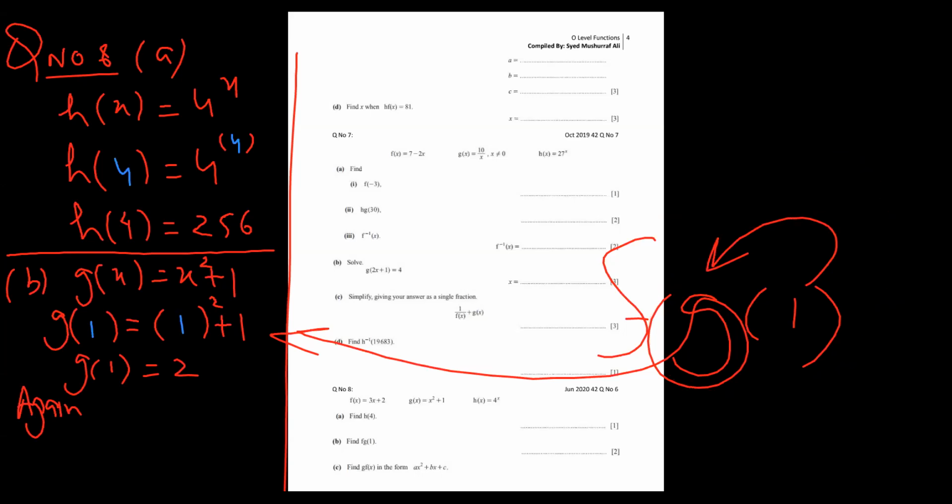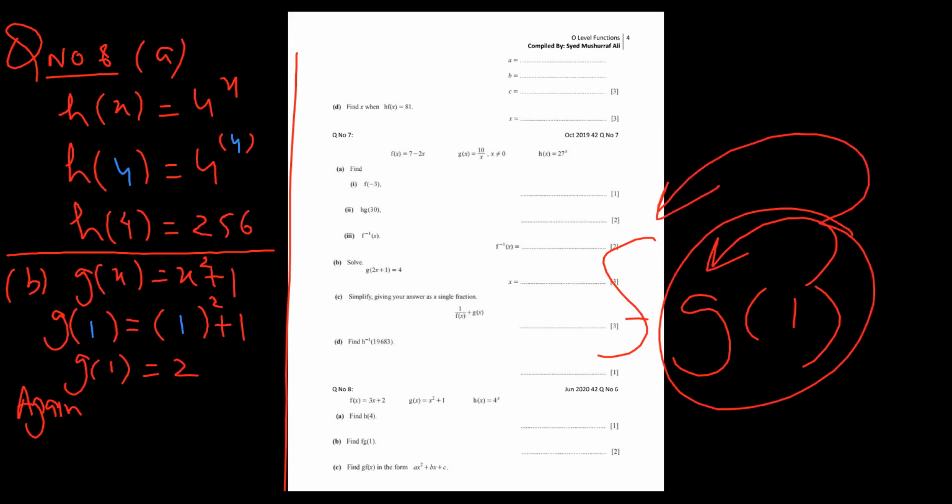If you're not understanding, I repeat again. What's my plan? g of 1 replace in f. So f I'm going to copy here. So f is what? 3x plus 2. So f of x is 3x plus 2. And I know my habit, I keep all x's as empty spaces. So what I will do, this g of 1 name I will copy here.